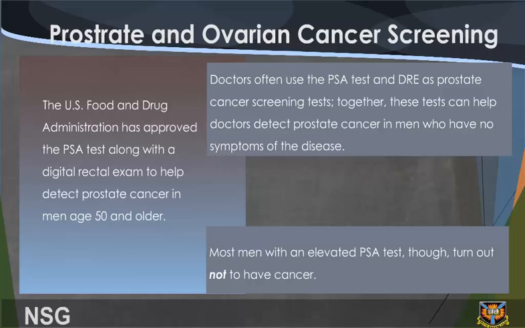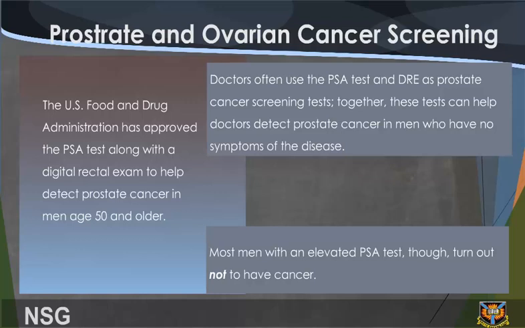Prostate and ovarian cancer screening. The U.S. Food and Drug Administration has approved the PSA test along with a digital rectal exam to help detect prostate cancer in men aged 50 and older. Doctors often use the PSA test and DRE as prostate cancer screening tests.